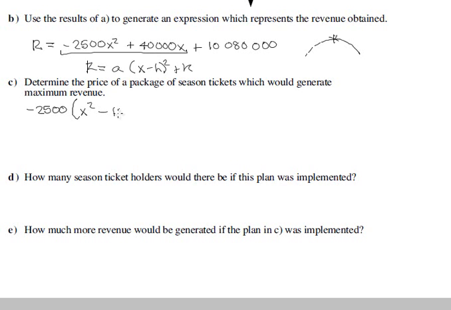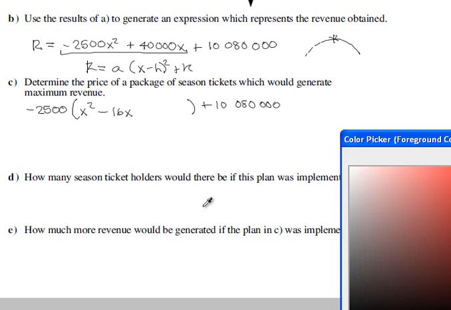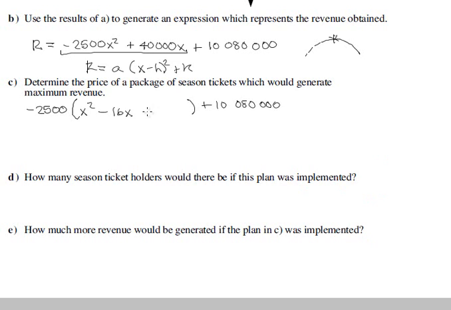So we get minus 16x, plus 10,080,000. Now, completing the square, we take negative 16, cut it in half, that's negative 8, square it, that's 64, so we put a plus 64 here.